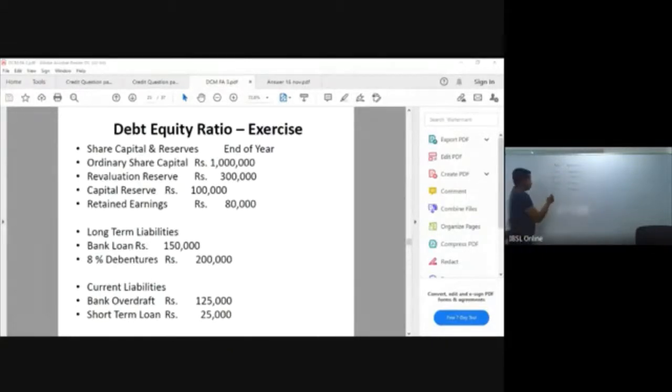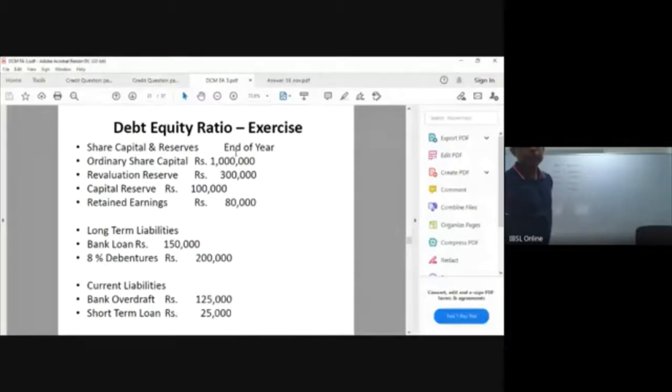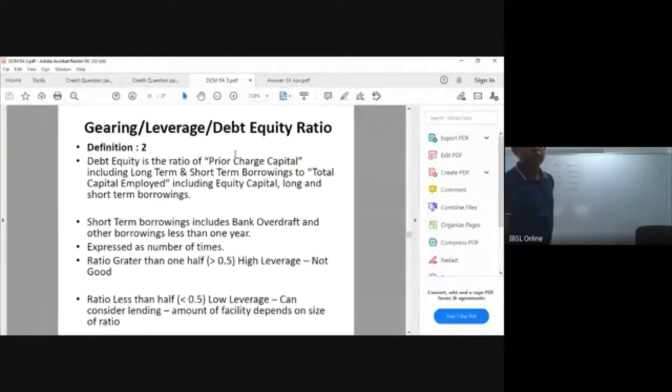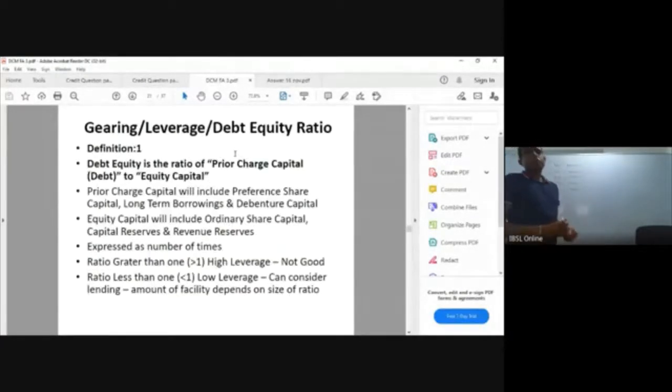The first ratio, you have to take the long-term debt capital and equity capital.